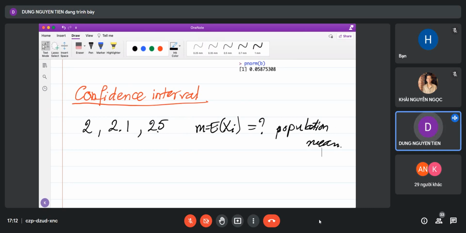You don't really know that. You don't really know the exact value of the population mean. You don't know it, but you can get the sample mean, right? What is the sample mean?